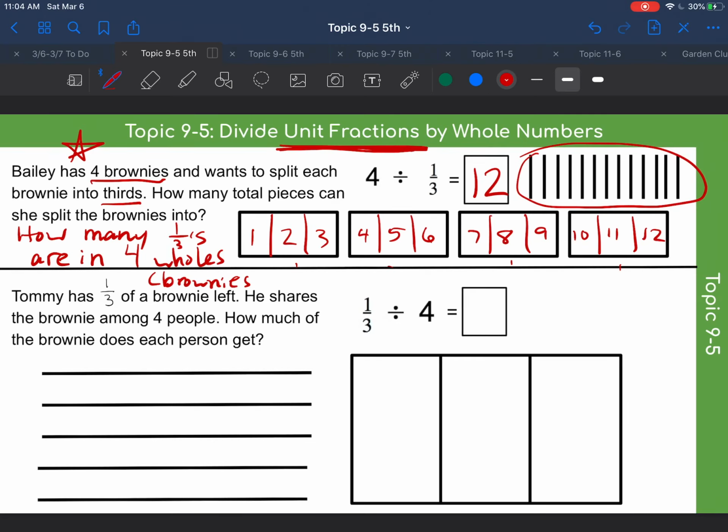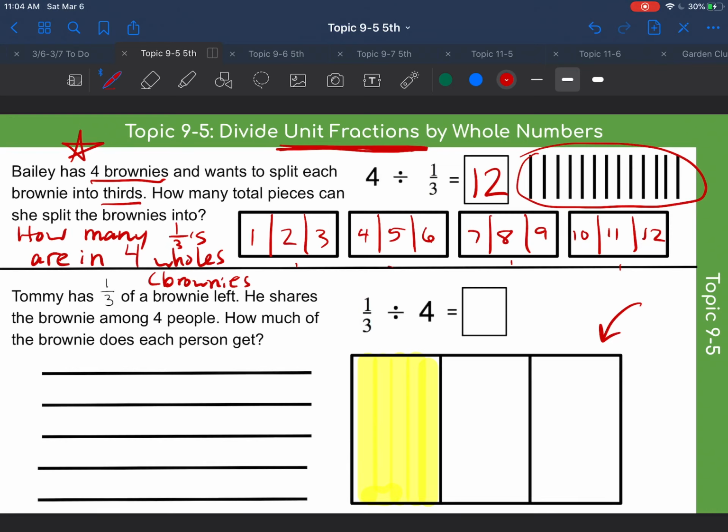So what I have here is my model. And I have it split into thirds because 1/3 of the brownie is left. So this section is 1/3. That's how much Tommy has left. And then out of that 1/3, he splits it among 4 people. So this is very similar to how we modeled when we were multiplying a fraction by a fraction.